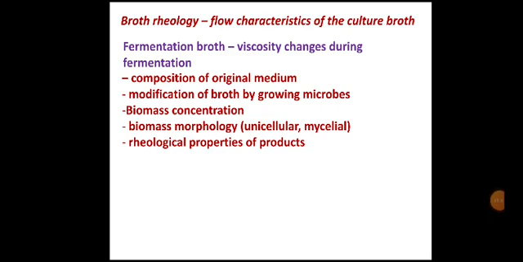Say for example, in case of unicellular fermentations, the broth may not be that viscous as compared to the mycelial fermentations, like in case of fungal fermentations and actinomycetes fermentations, where the broth viscosity is going to be increased due to heavy growth of mycelia or hyphae.